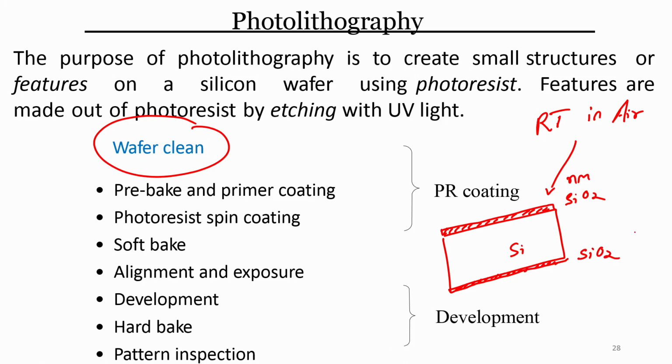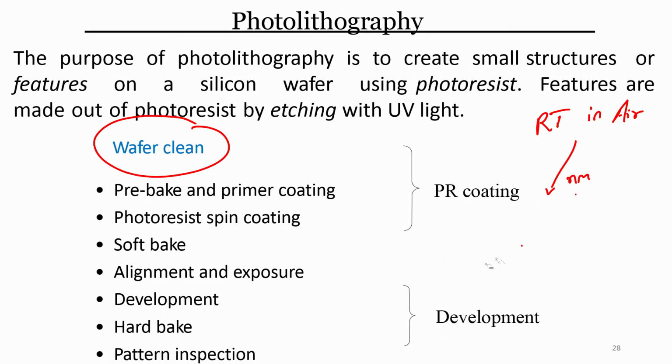So, the first thing that you have to do is dip this wafer in an HF dip. This is very important. When you perform the HF dip, the silicon dioxide can be etched from the silicon wafer.